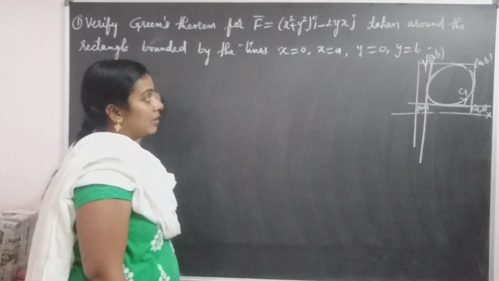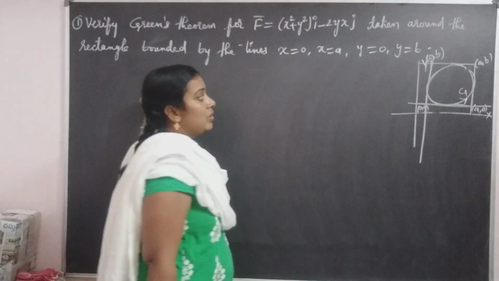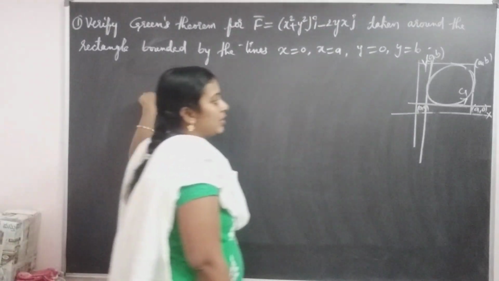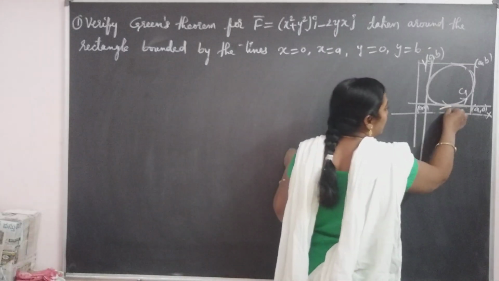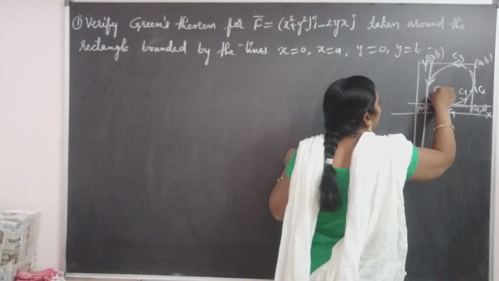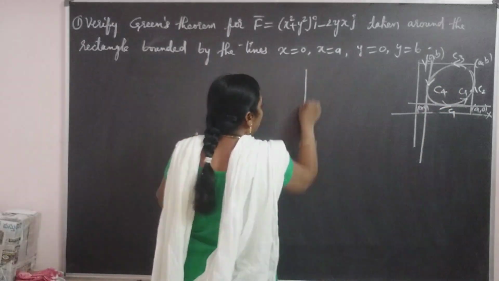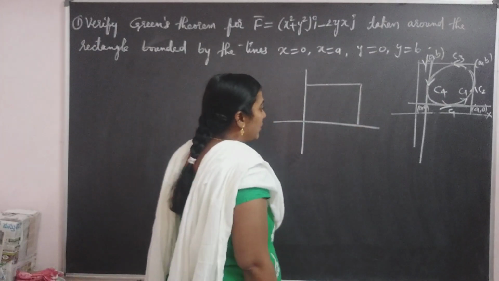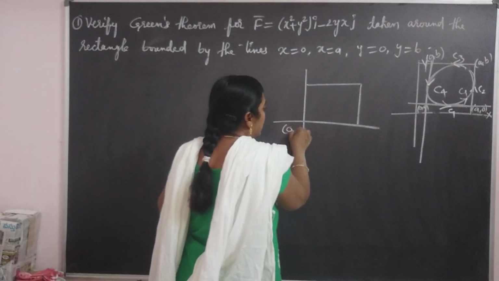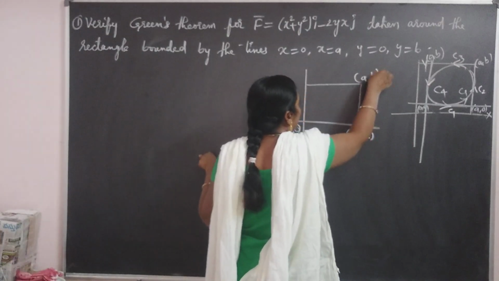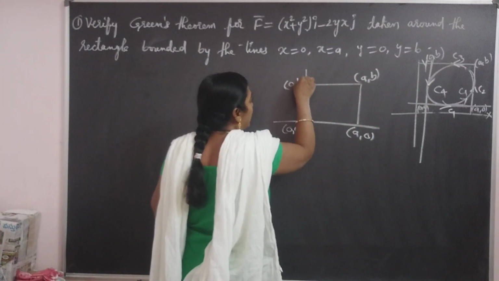The simple closed curve bounded in the rectangular region means curve C is equal to C1, C2, C3, C4, with corners 0 comma 0, a comma 0, a comma b, and 0 comma b.